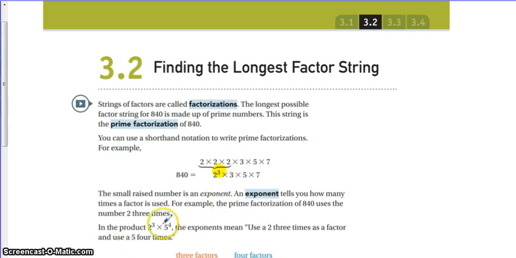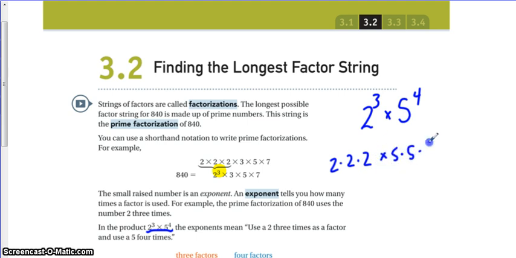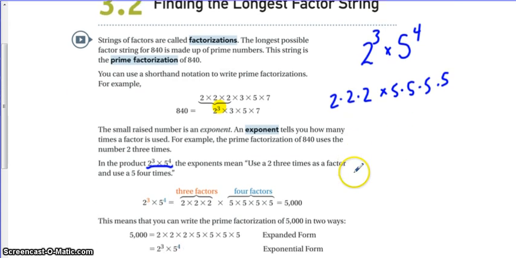Okay, so this one down here, this 2 to the 3rd power times 5 to the 4th power, so 2 to the 3rd times 5 to the 4th is really saying 2 times 2 times 2 times 5 times 5 times 5 times 5. Okay? Makes sense? Okay. So we're going to move on now. And the answer to this question would be 5,000, by the way.